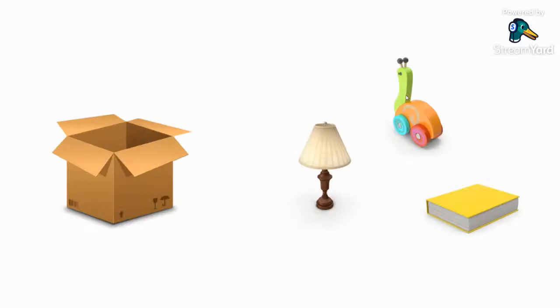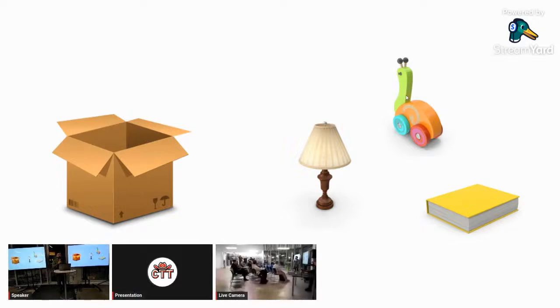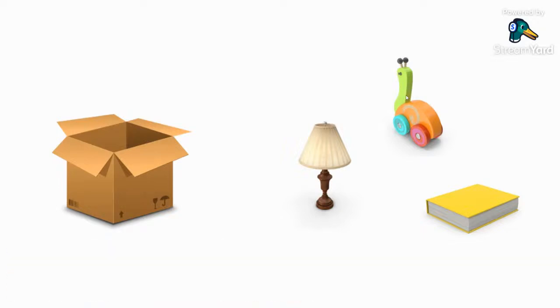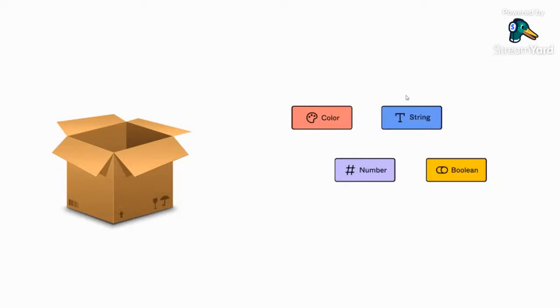What's a variable? I know engineers know what it is, but I'll explain for everyone. Imagine this box, and in this box you can put a lot of objects of different types, different contents. But in Figma, we have 4 types.